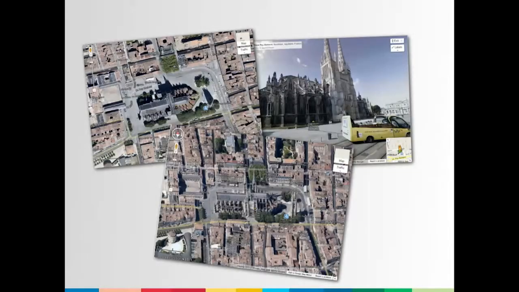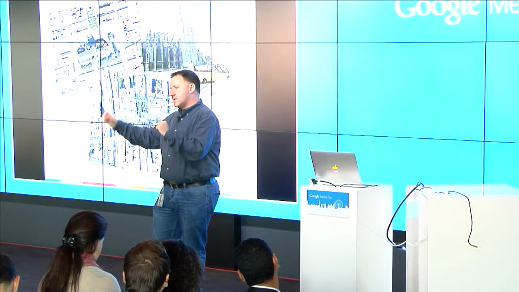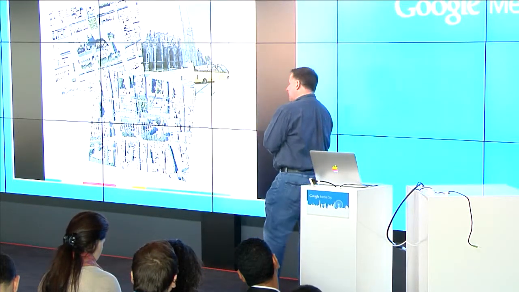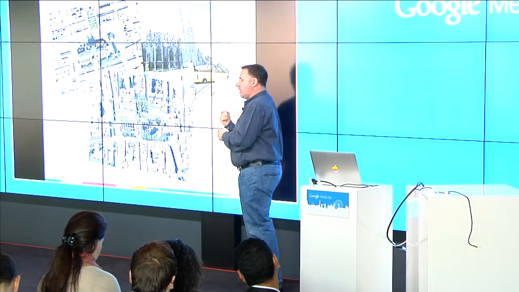It's like you're standing on the street corner. And we regard this as the last level of zoom. You zoom in, you zoom in, you zoom in, and then you're standing on the street corner and you can look around. And it's very powerful because it's the way that we see the world. We don't pretend to see the world as maps.